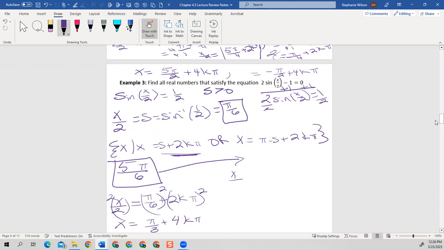So I got x halves, I need to put a box around this, is equal to 5 pi sixths plus 2k pi. We're going to undo the fraction. So now I got x is equal to, and that 6 and 2 reduces, 5 pi thirds plus 4k pi.